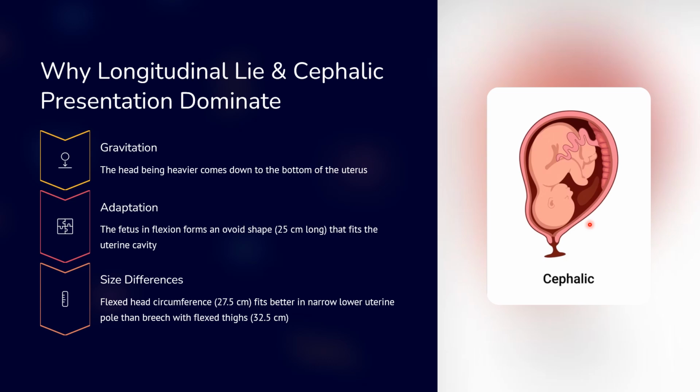The well flexed head circumference is 27.5 centimeters, which fits better in the narrow uterine cavity, whereas if it is a breech, then the circumference of the breech with the flexed thigh is 32.5, so it's a much larger diameter. Okay, so that is why it is a cephalic presentation.